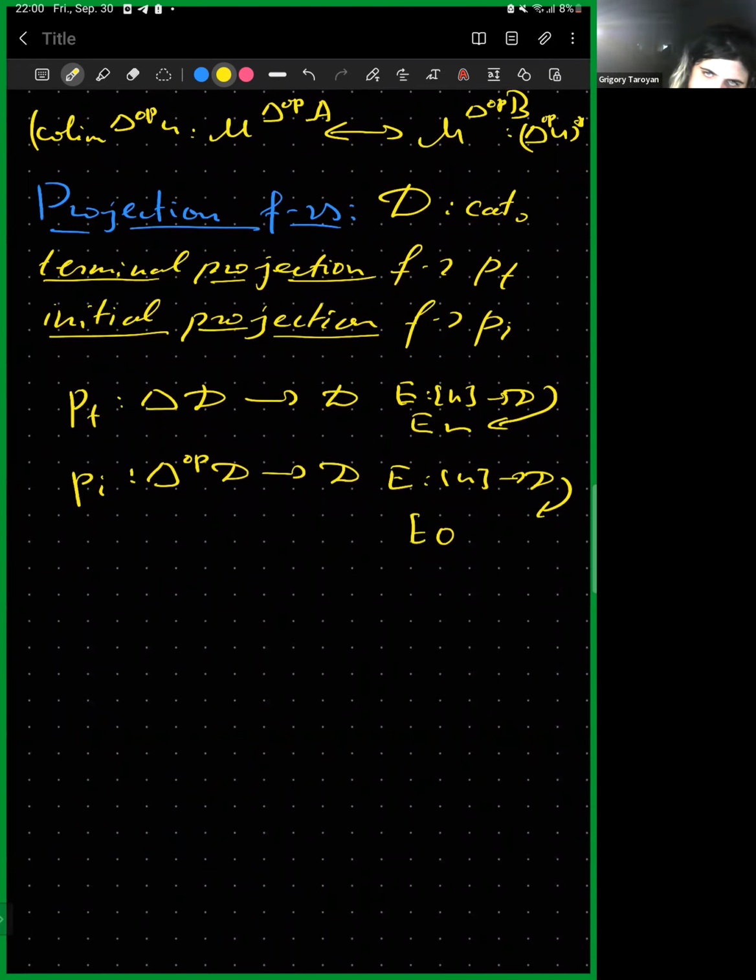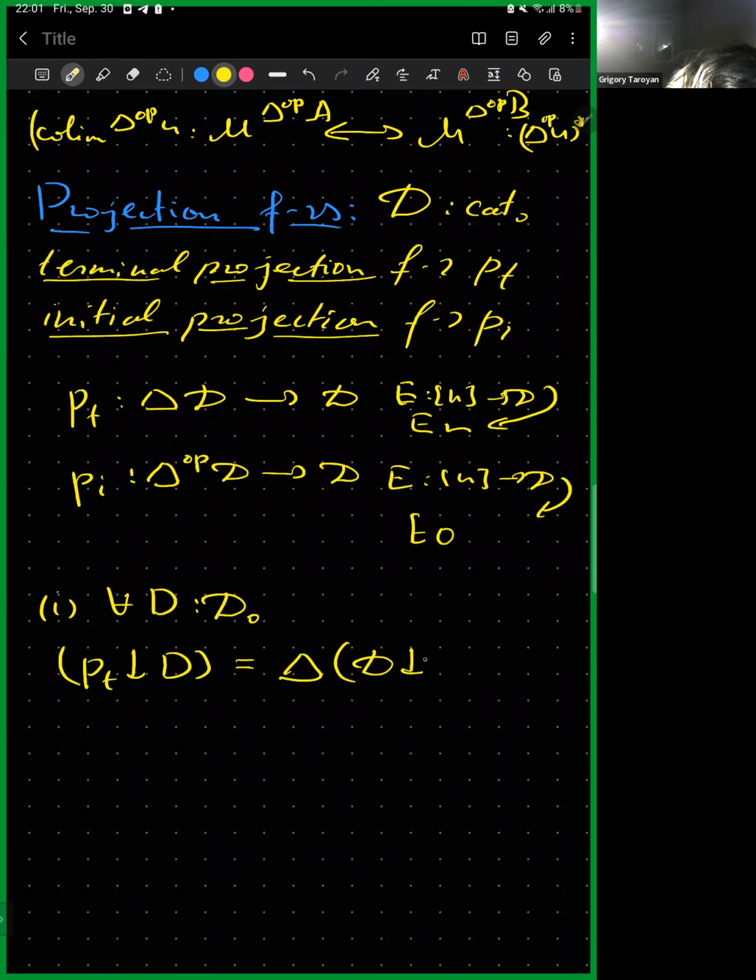Now, it is not that hard to prove that, first of all, for every object d in D, the overcategory of this object coincides with the category of simplices in the overcategory of this object in the initial category. And we have a dual statement for the initial projection functor.